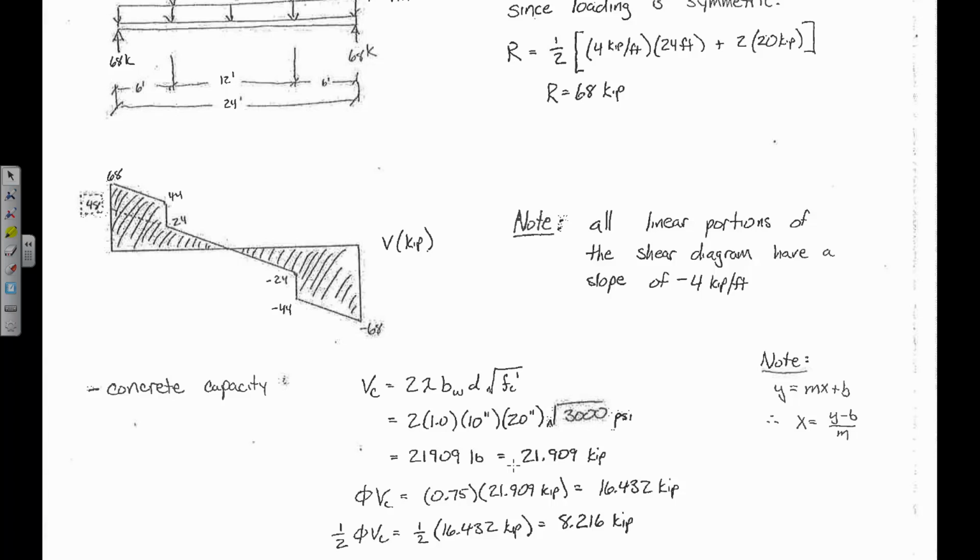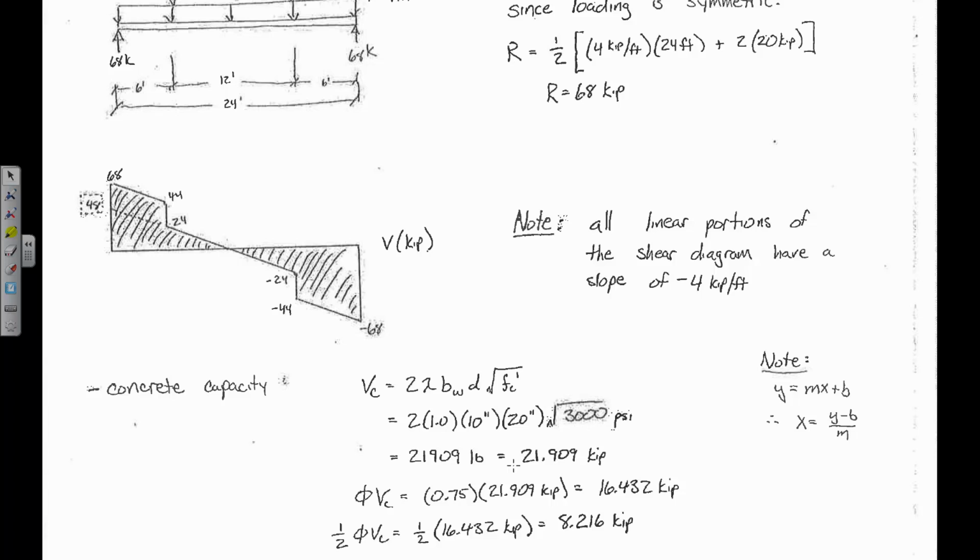Because this is 16 and this is 8. Look at your shear diagram. That's 24. That's 0. So would you agree that it's going to be here to here? So you would use this equation to determine x, not that one, because this equation is only valid for this range. Does that make sense? Is everybody okay with that?